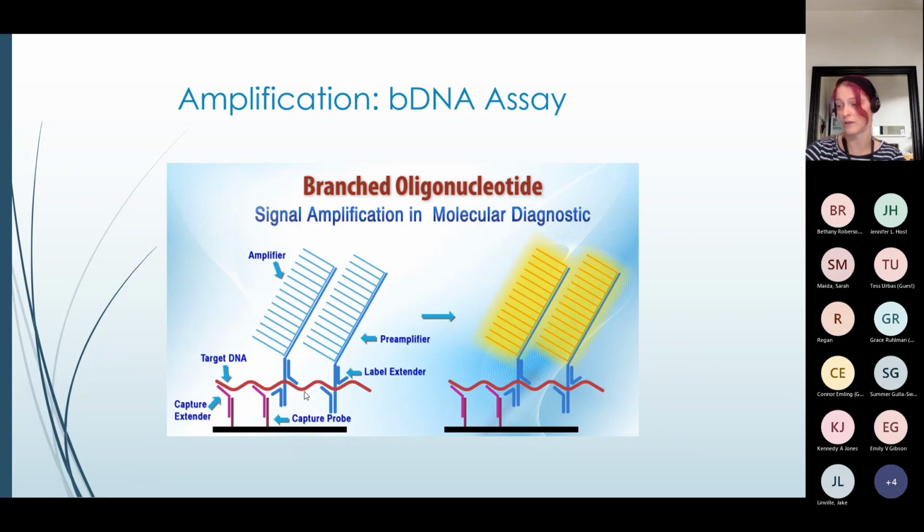Say you have 50 copies of DNA bound to your plate: the labeled extenders bind there, and as your amplifier binds, it gives off a signal. It will not give off a signal if it doesn't bind. So the more DNA you have bound to the plate, the more signal is given off as the amplifier binds to it.